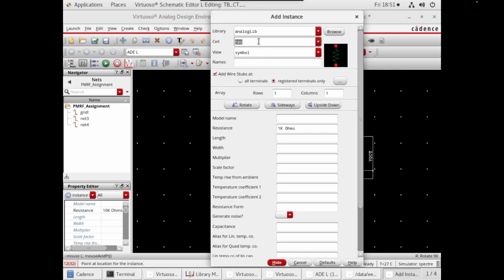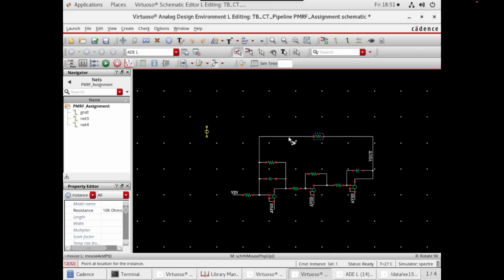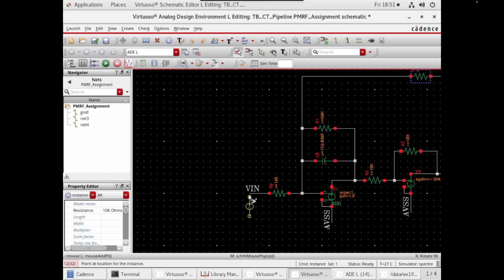Now we will place the voltage sources. There will be one voltage source that will have 0 DC voltage and will provide an AC magnitude response of 1. So we connected over here.